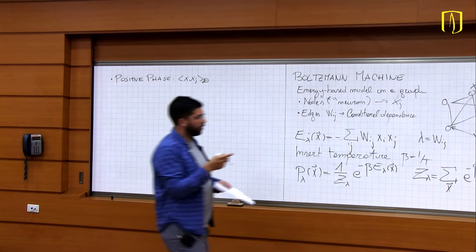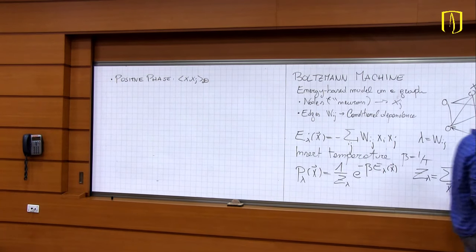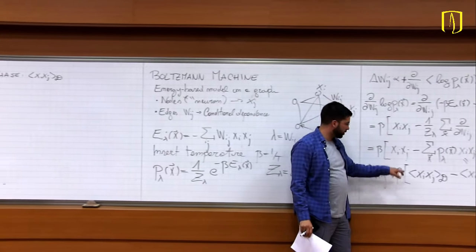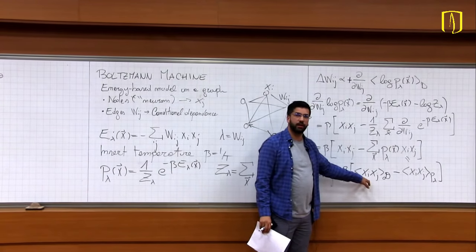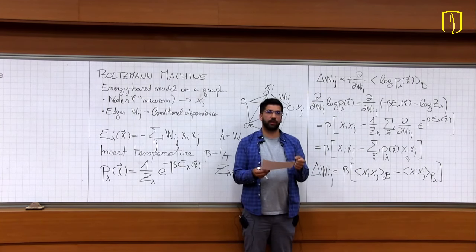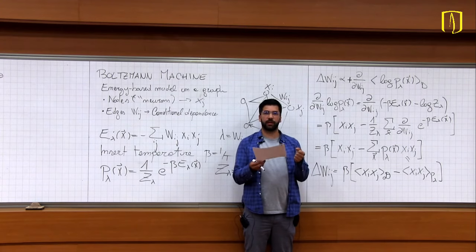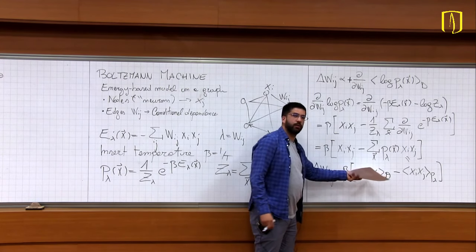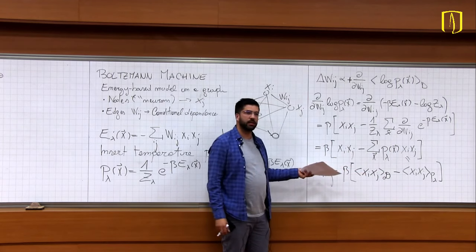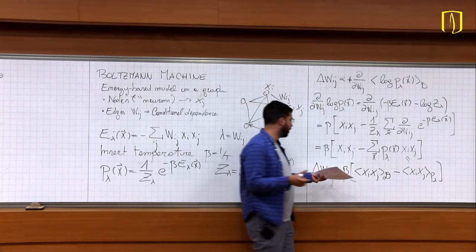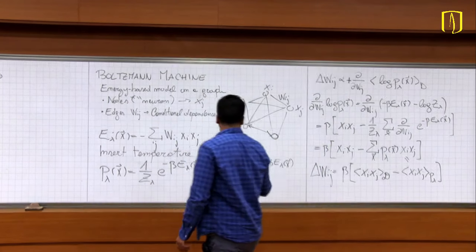Okay, so let's see. So the change in weights. Let's just look at this piece here. Okay. So if the 2-point correlation between these variables is positive, let's assume that in the data you have this positive correlation. So what this term wants to do is to increase the interaction between these two variables. And so we look here.